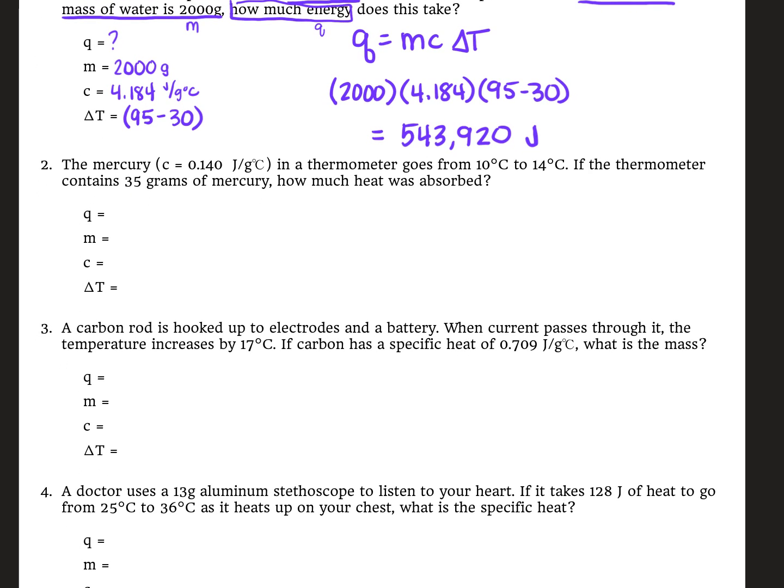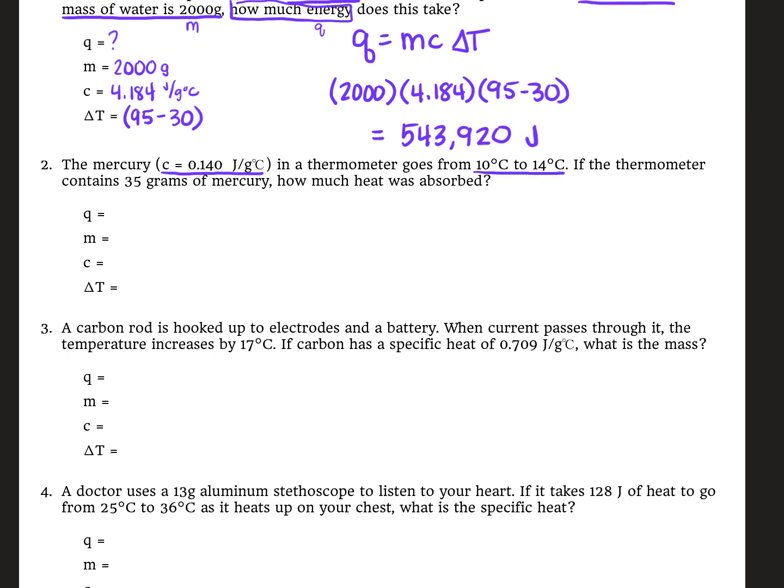The mercury in a thermometer goes from 10 degrees Celsius to 14 degrees Celsius. If the thermometer contains 35 grams of mercury, how much heat was absorbed? Okay, so C, this is C right here. The temperature goes from 10 to 14 degrees.